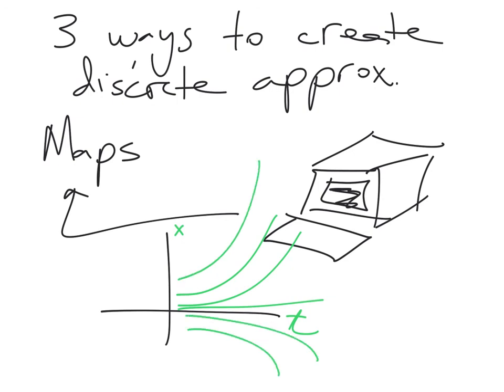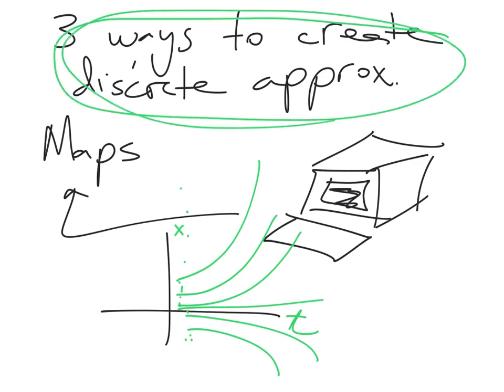And by asking the computer to start at lots of different initial conditions, using a computer can help us get a sense of all the different behaviors that the solution of a differential equation has. So creating these discrete approximations opens up the possibility of computational or numerical techniques for getting an impression of the behavior of solutions to a differential equation.